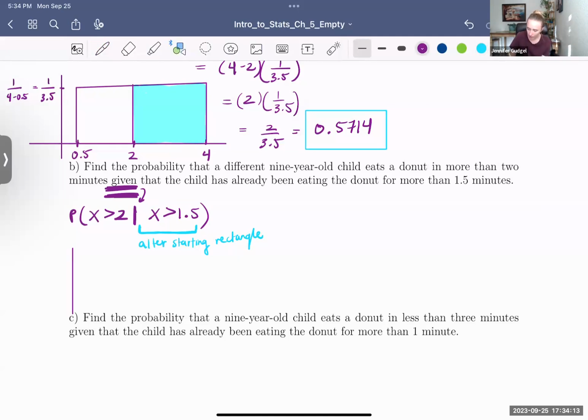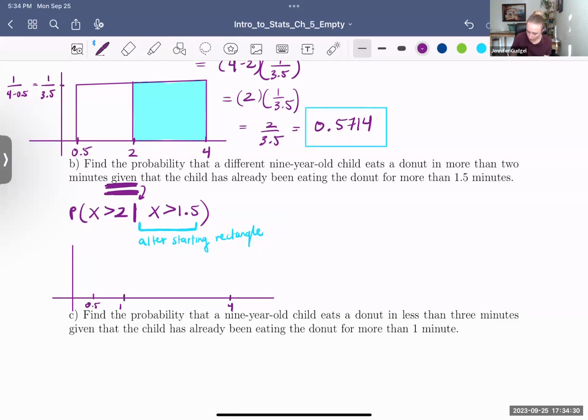Instead of going all the way from 0.5 to 4, I know that X is actually going to be greater than 1.5. So my rectangle is not going from 0.5 to 4, it's going from 1.5 to 4.